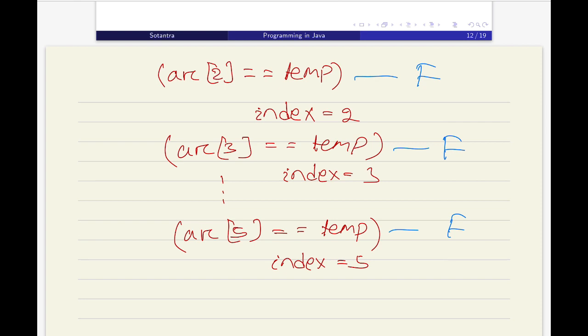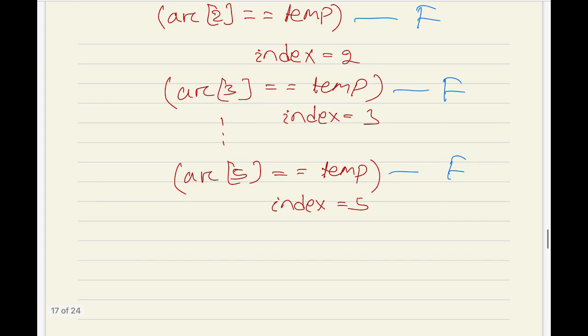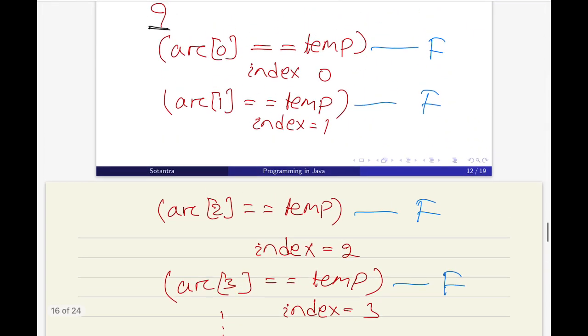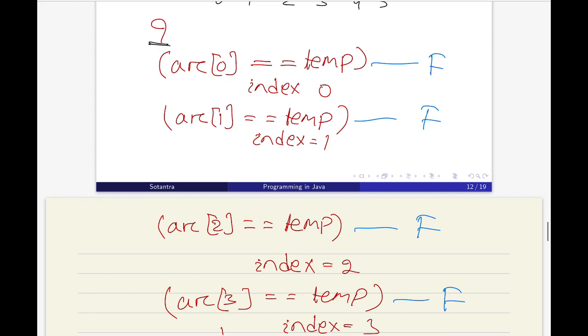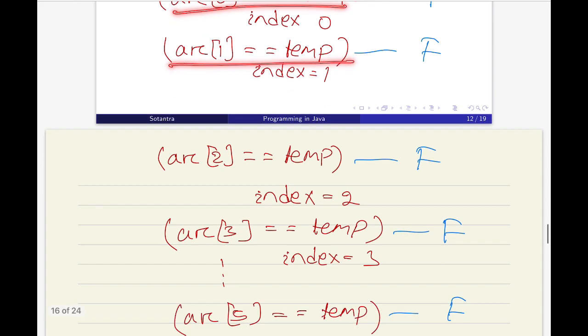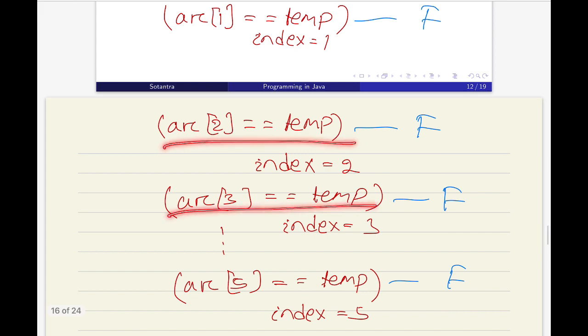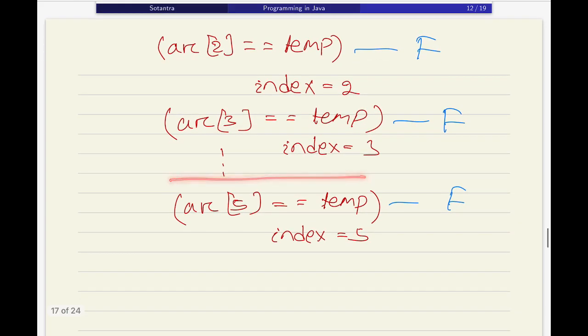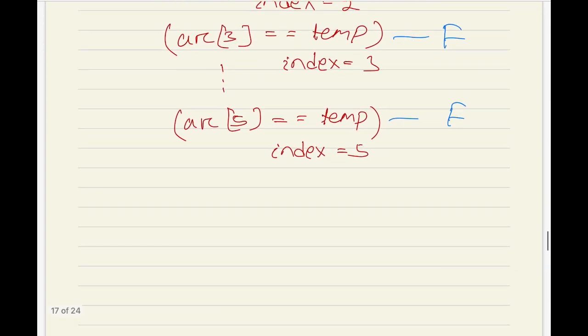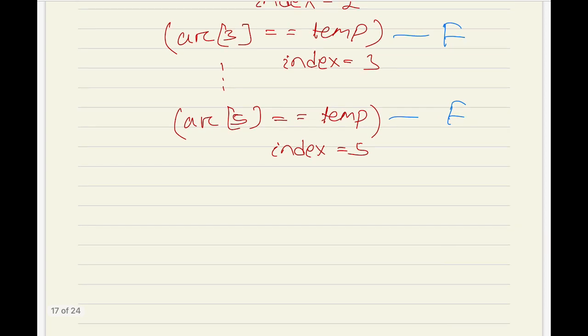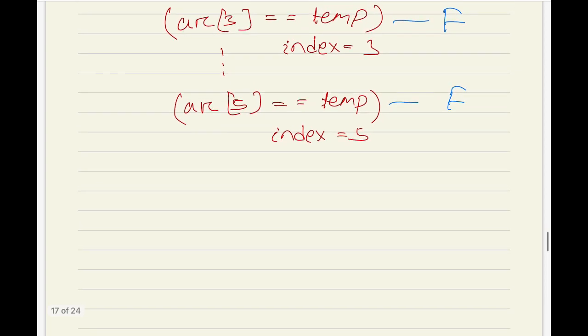For this purpose, instead of checking AR of 0 equal to temp, AR of 1 equal to temp, AR of 2 equal to temp, AR of 3 equal to temp, AR of 4 equal to temp, AR of 5 equal to temp, we can write a loop.